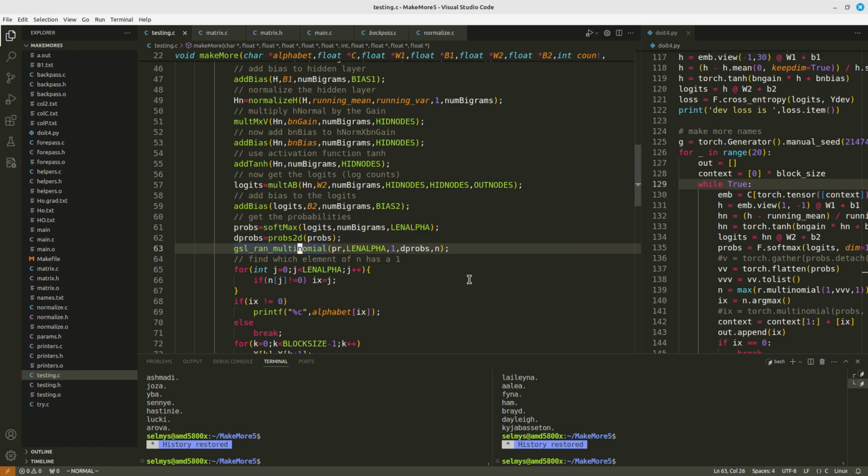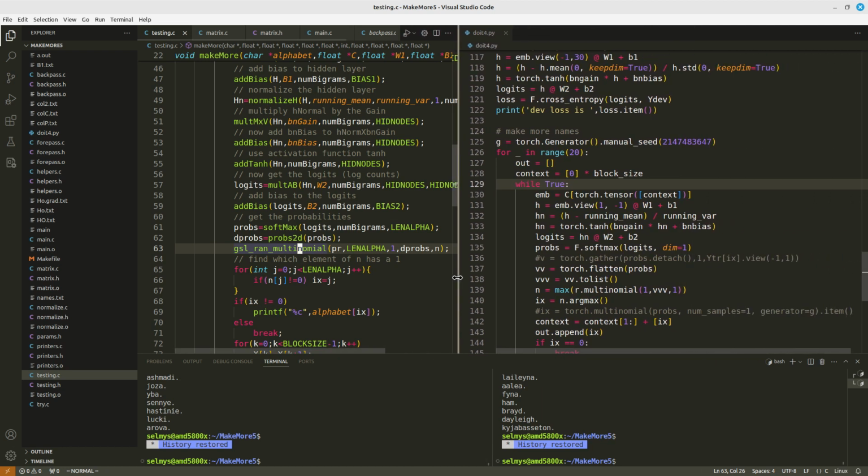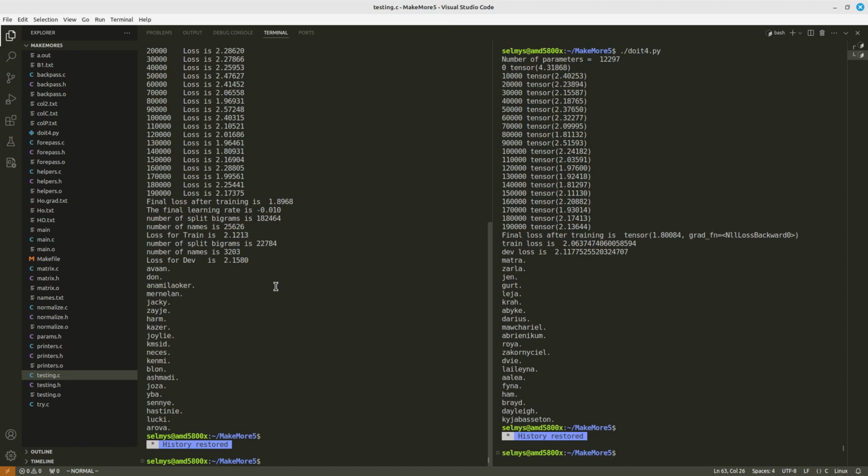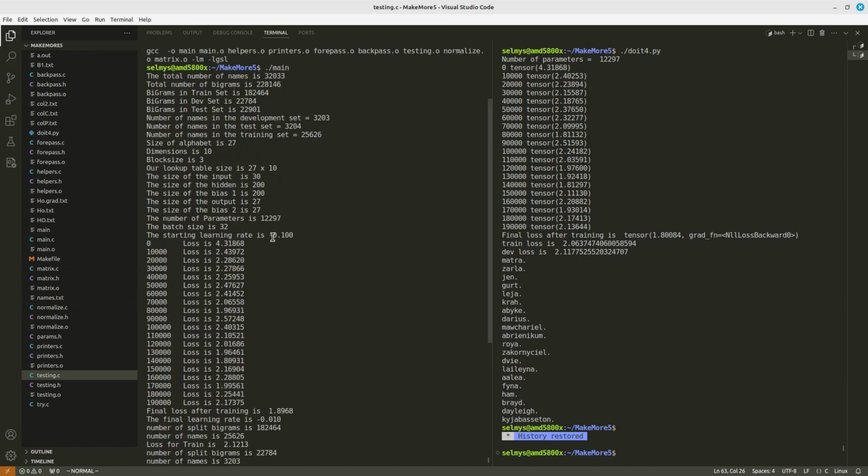I tried to get the same names, but you notice I'm not getting the same names, and I'm not getting the same losses as I do with the Python program. If you look here, my very first loss, 4.31868, is the same here, 4.31868.